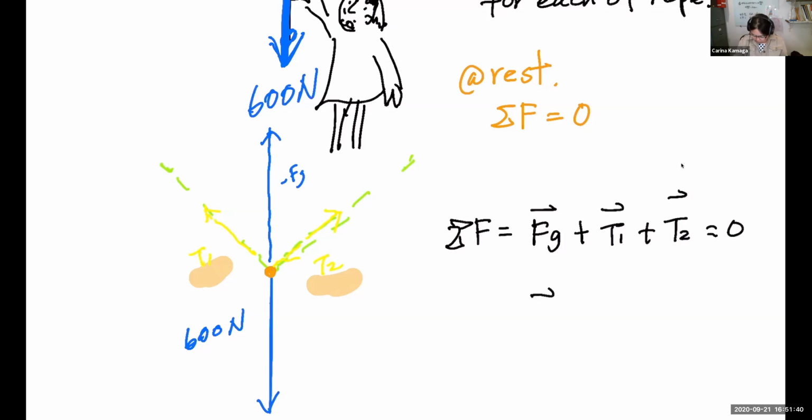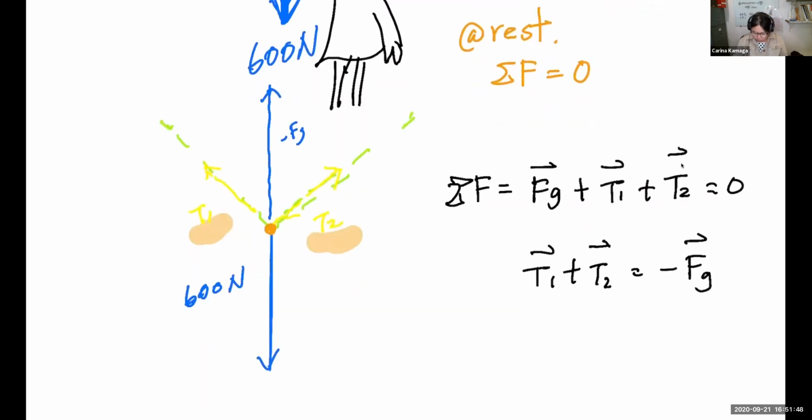So this minus 600 Newton line is going to be the resultant of T1 plus T2.